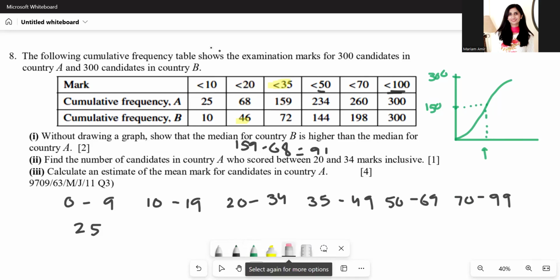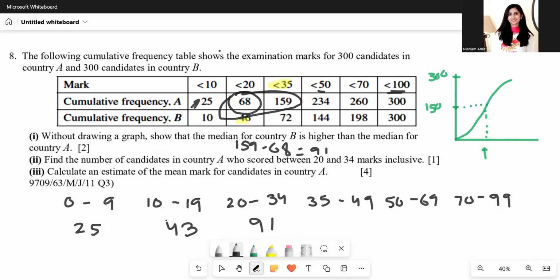The first one is 25. Next would be 68 minus the previous value 25, which will give us 43. For 20 to 34, we subtract 159 and 68, which gives us 91. Similarly, we'll have a 75, a 26, and a 40.